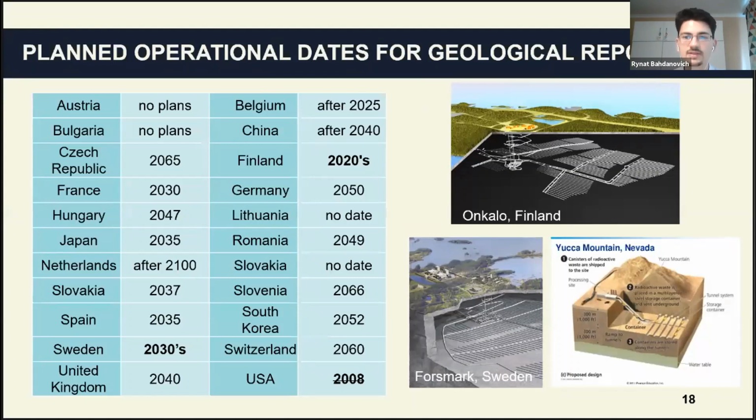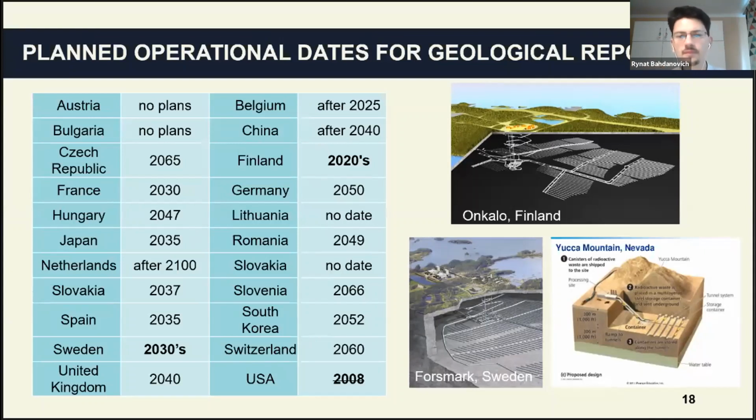Spent fuel is stored at nuclear power plants or at ground dry storages, which is not permanent. Geological repositories should be sealed and protected for thousands of years. That is why such projects should undergo comprehensive research. Also, there is no general solution, either to store high-level waste or to reprocess it.